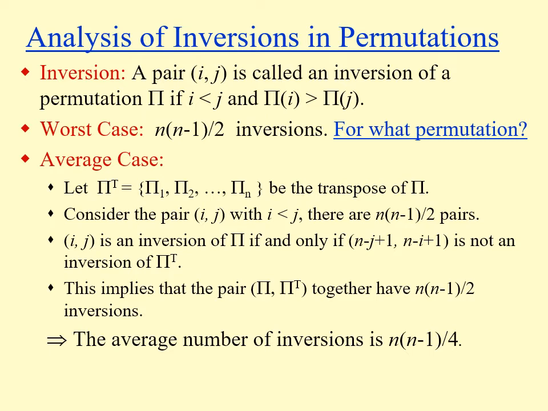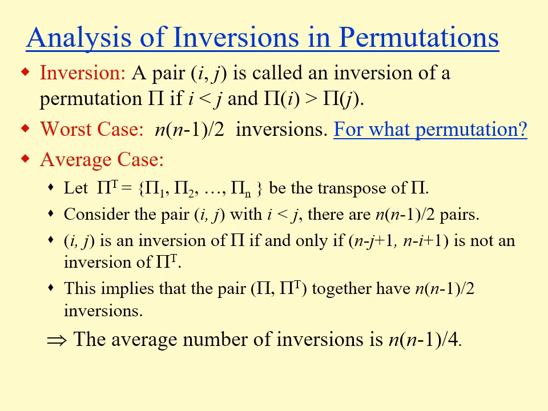So inversion means the original order is i, j, but once you sort it, you get this: if i is less than j and pi i is larger than pi j. That means a pair. For example, initially we go from i to j. i means the smaller one, j is the bigger one.